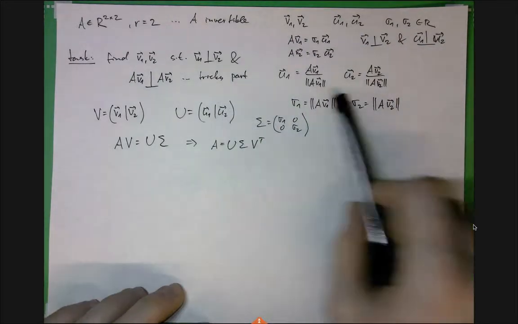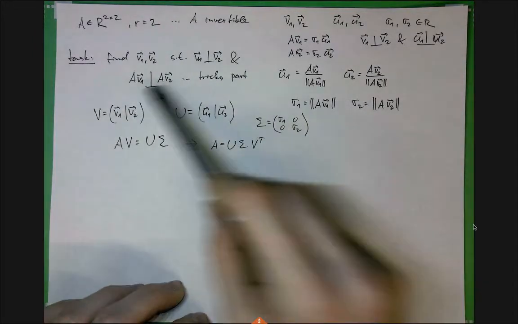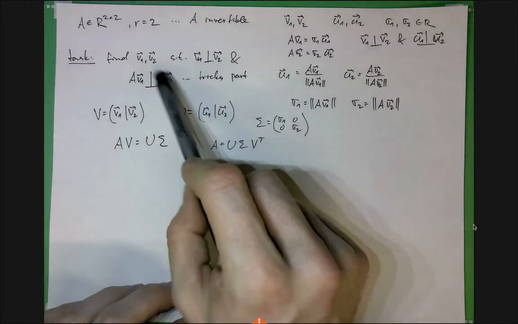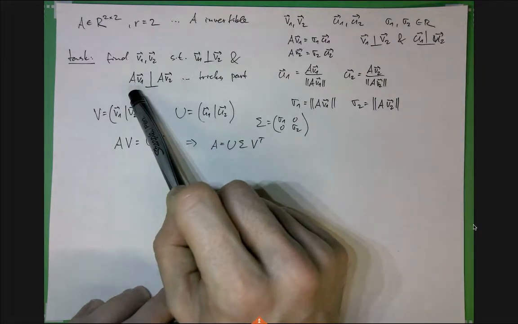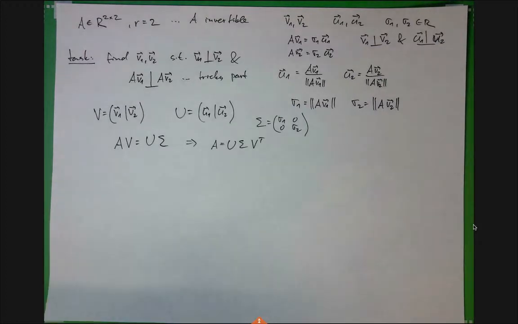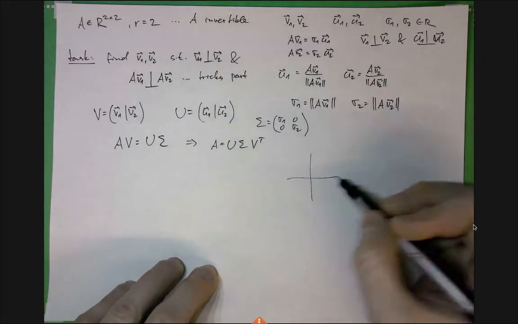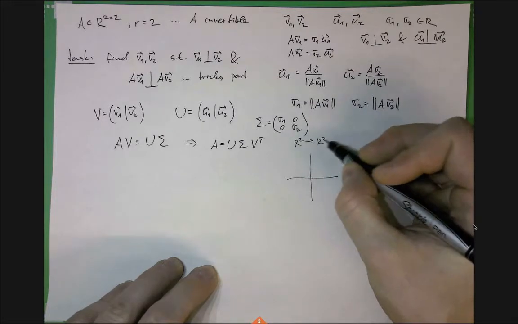So the question is, how do I find such vectors V, so that they are orthogonal and their images by A are also orthogonal? You can look at it graphically. The matrix maps R2 to R2, right?